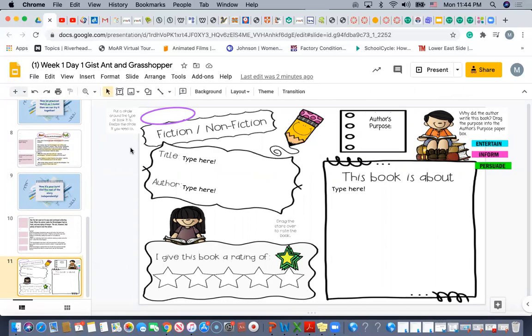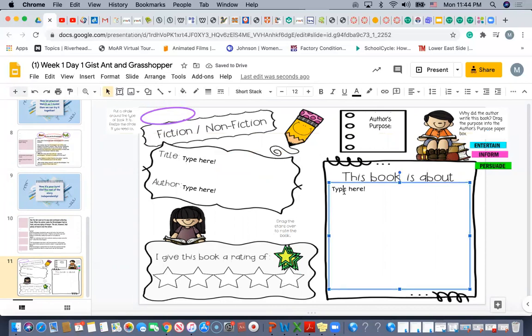So I want you to see if you can kind of maneuver some of these tools, like the stars here, the circle here, and these little tools here that you drag and drop for the author's purpose. When it says type here, you just click in it and you type, okay? You're just going to do a book review on the story today that we read together, which was The Ant and the Grasshopper, okay? Good luck, and I know that you're gonna do a fantastic job.